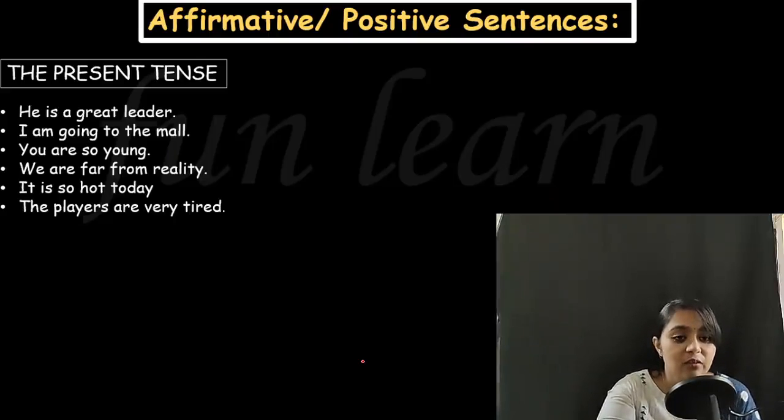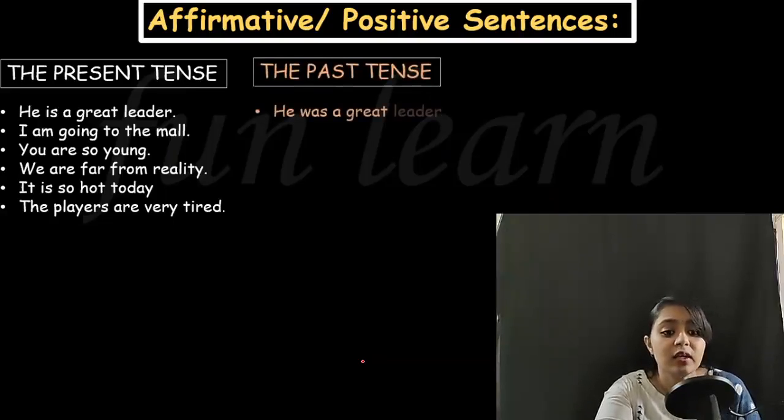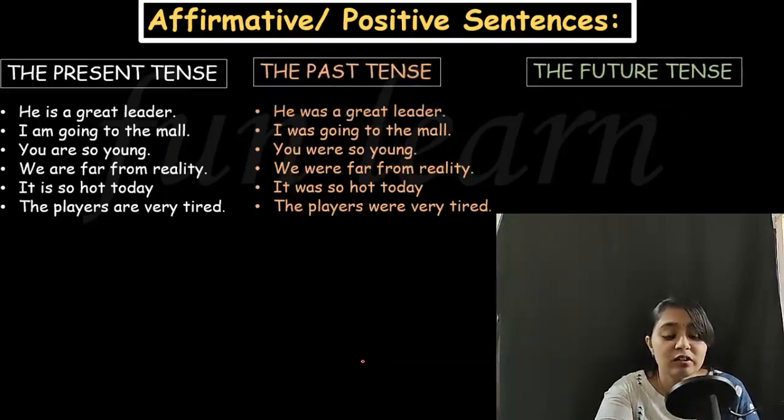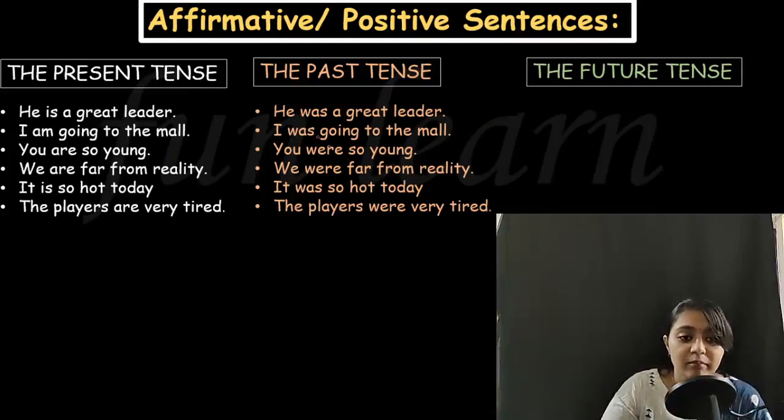Now let's see how the tense changes the sentence in the past tense. He was a great leader. I was going to the mall. You were so young. You were far from reality. It was so hot today. The players were very tired. Now you can see that in the present tense we are using is, but in the past tense we use was.